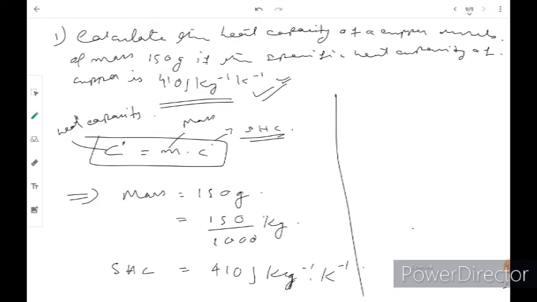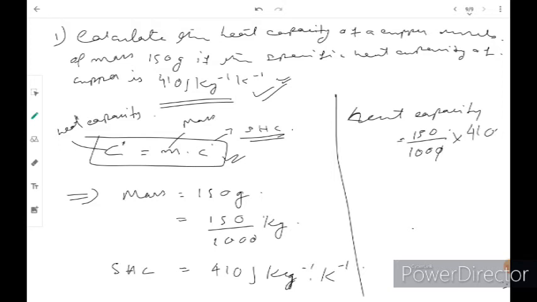Now we want to find the heat capacity. We'll use this formula: heat capacity C = 150 divided by 1000 into 410.